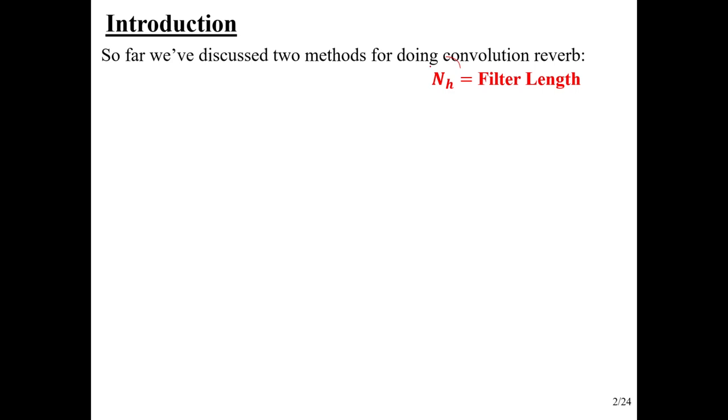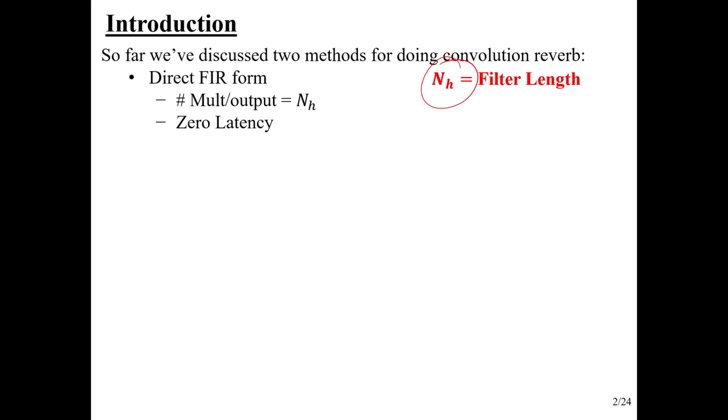So let's let N sub H be our filter length. And so the first way we said was, hey, let's just do it by direct FIR computation. So every output sample is NH filter coefficients times NH input samples. So the number of multiplies per output is NH. Then you add up all those products and put it out.